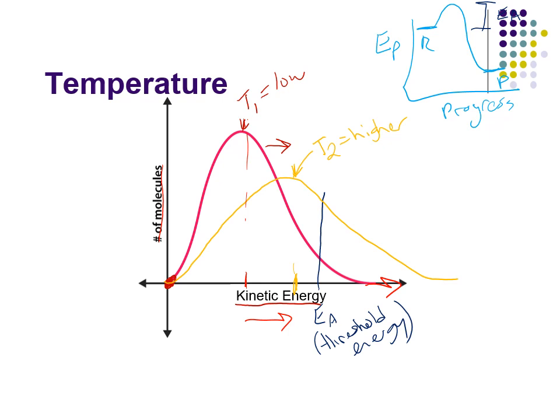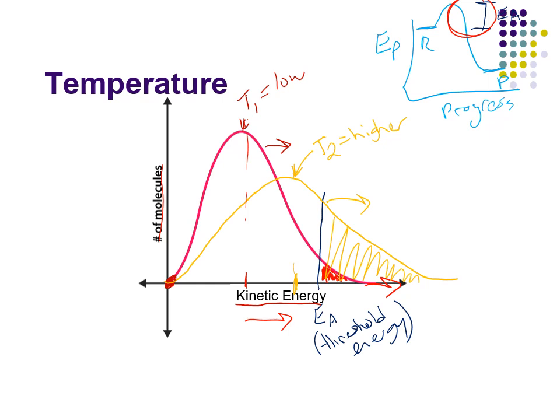And anyways, in terms of the rate of reaction, initially at the first temperature, the lower temperature, only this amount of particles down here had enough energy to overcome the activation energy to get the reaction to happen. But at the higher temperature, we now have all of these guys. We have more particles that are beyond the threshold energy or the activation energy needed to get the reaction to happen.